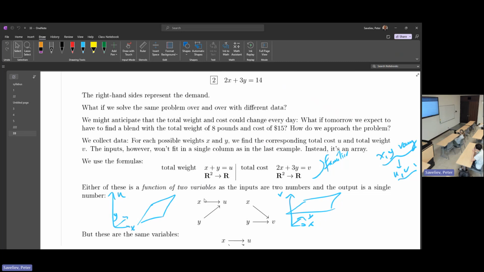Naturally, if we were to keep them separate, we would visualize them as linear surfaces, which would be planes. So 2 planes, and their intersection.